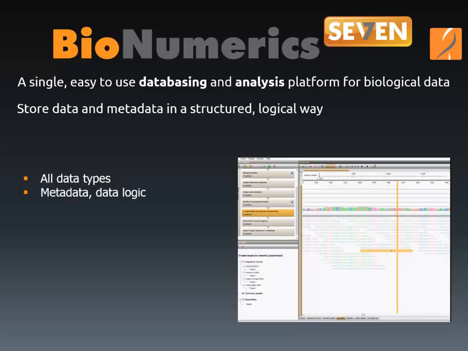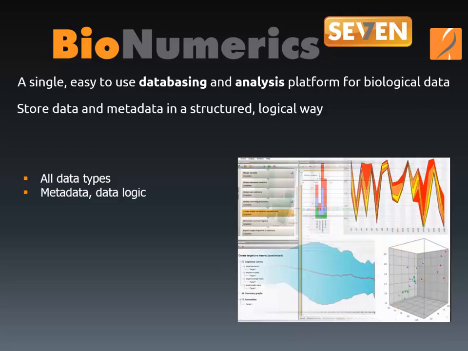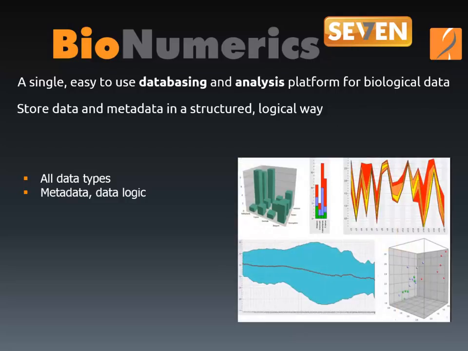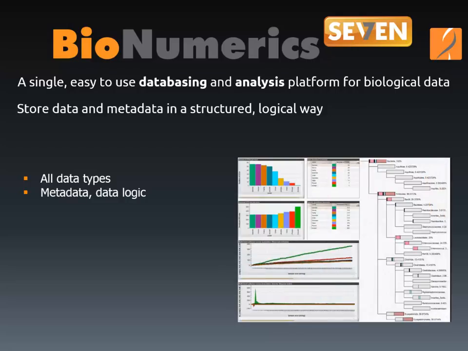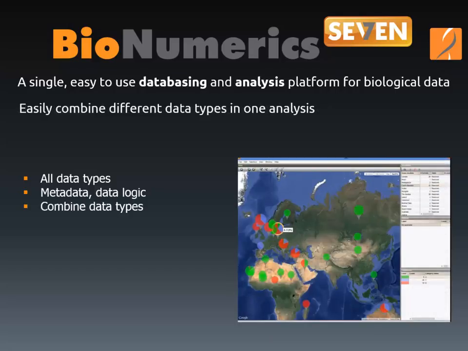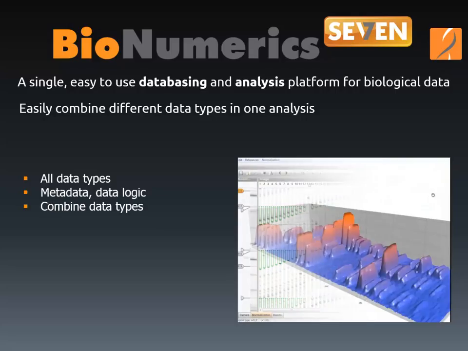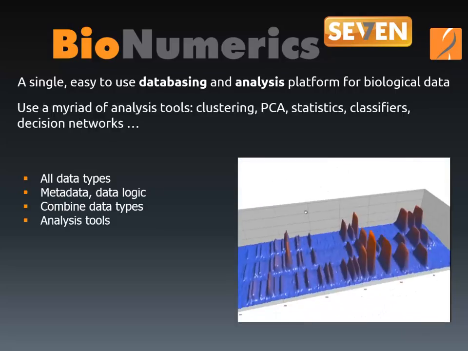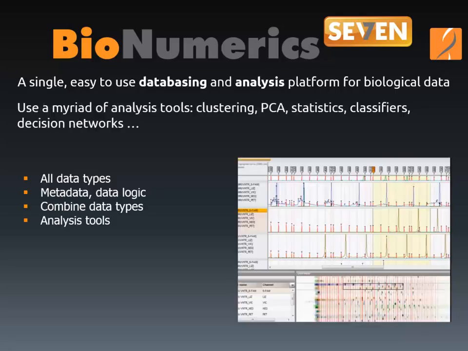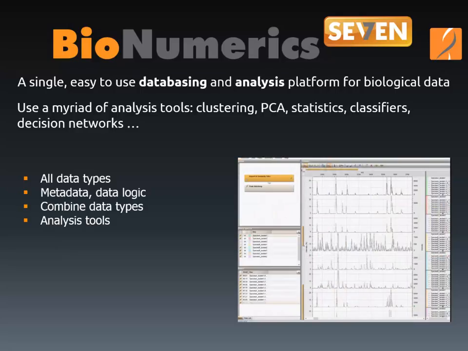Moreover, different data types from one sample can be stored under one single entry in a logically structured database, together with all its metadata. With BioNumerics, you can therefore easily combine different kinds of data in one analysis, using a myriad of analysis tools, improving the reliability of your conclusions and decisions.